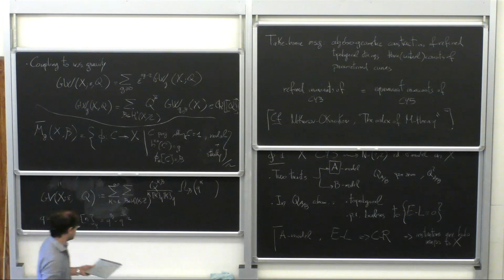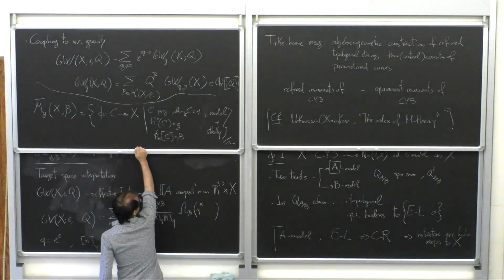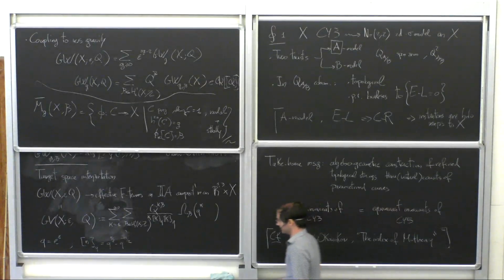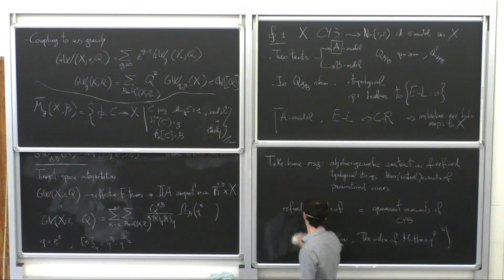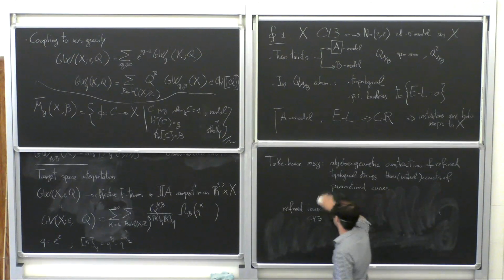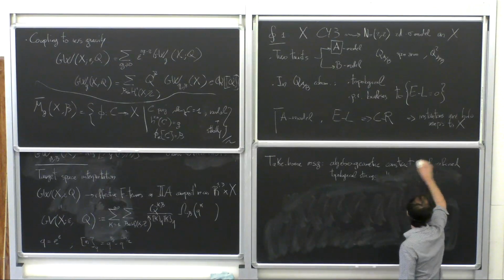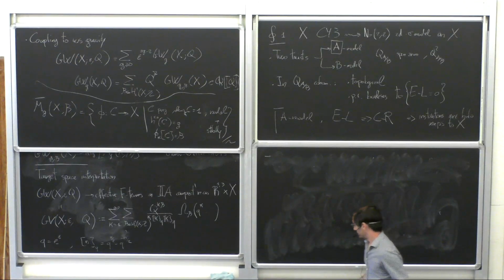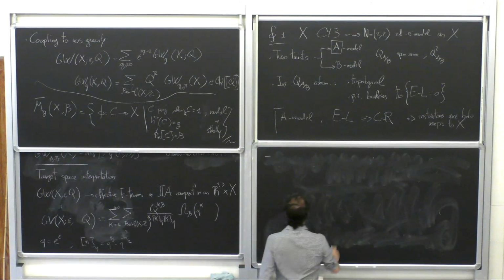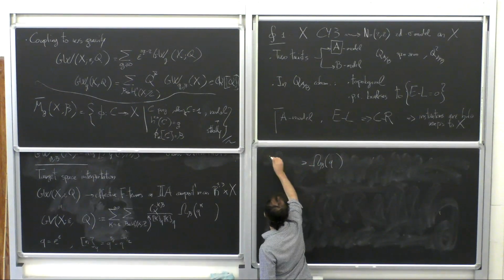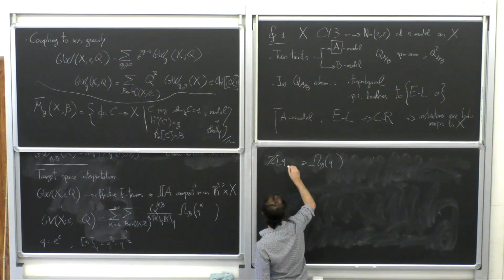And then I need to define what omega is. So omega sub b of q is some integral Laurent polynomial in this variable q to the plus minus 1.